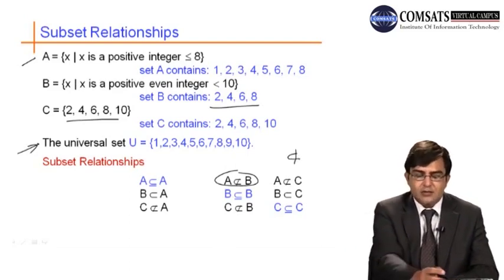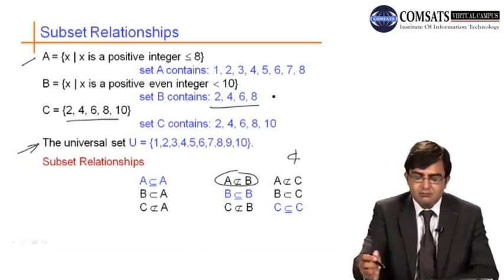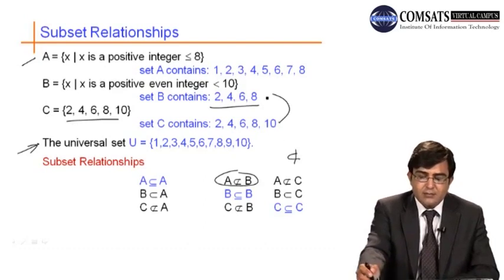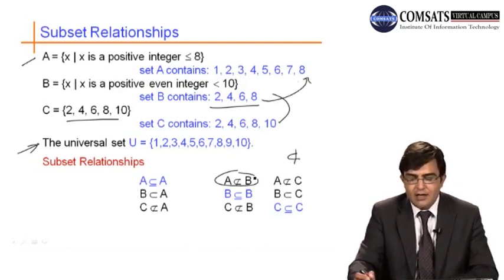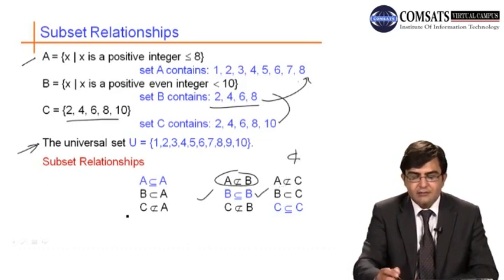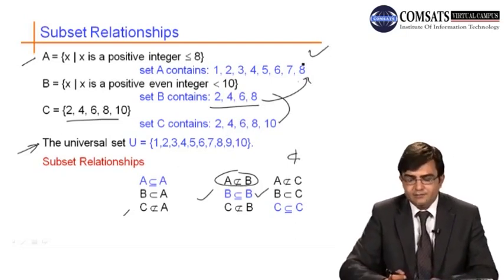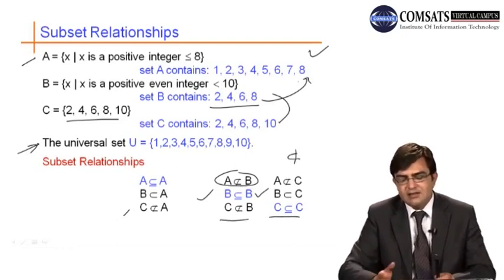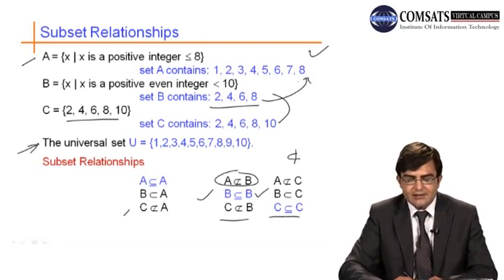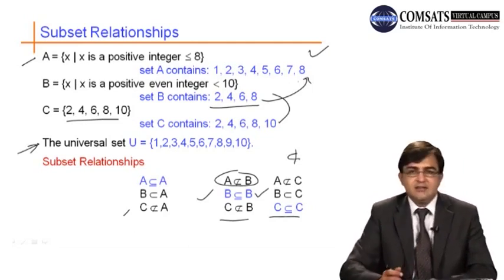So next is B. We can see B is subset of A, B is subset of B, B is subset of C. C is not subset of A because C contains 2, 4, 6, 8, 10, but in A we don't have 10. Similarly, C is not subset of B. So these are the subset relationships we can see by using these sets.